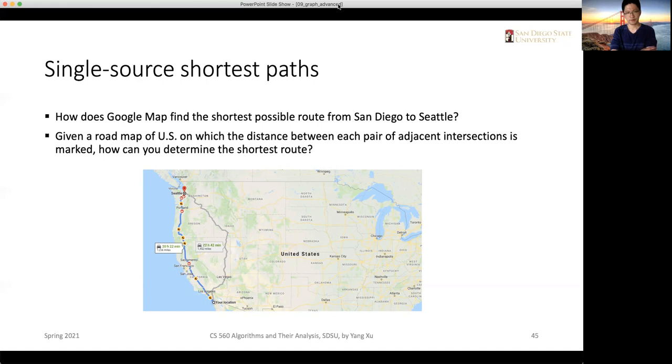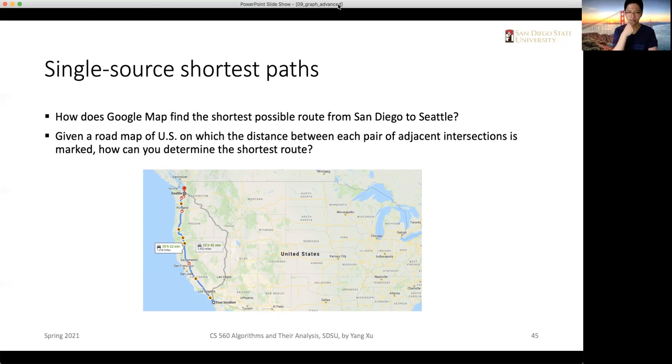And if we want to represent a map with some data structure, then of course we need to represent, for example, the cities as vertices. Or we can use adjacent intersections of the highways as the vertices. It can be any points on the map that connect to different paths as vertices.